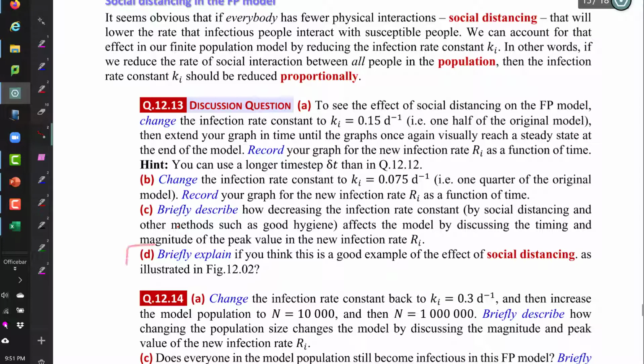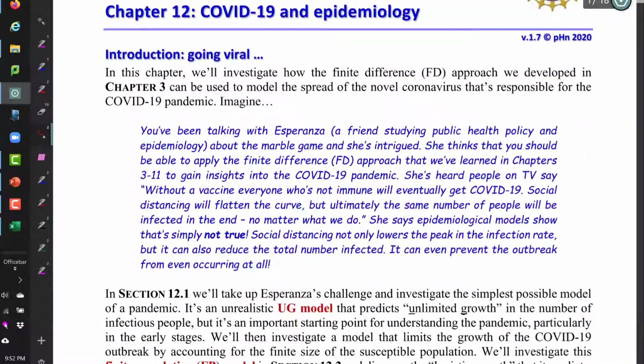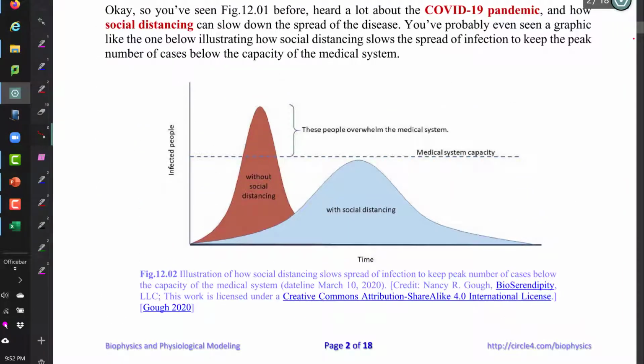And then part D. This is something that, if you haven't had a look through the chapter, you might not realize. The chapter begins, let's go back to the beginning, with this picture of social distancing. They had this picture that I found on the web. It was by Nancy Goff, and it was published on Medium on March 10th of 2020.